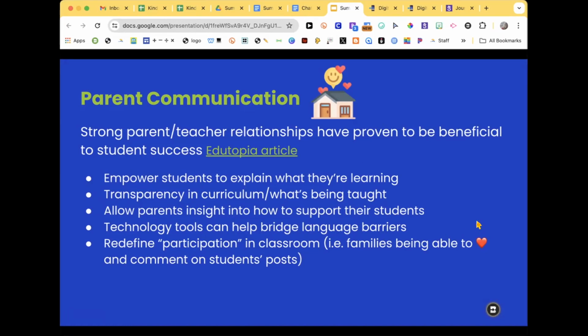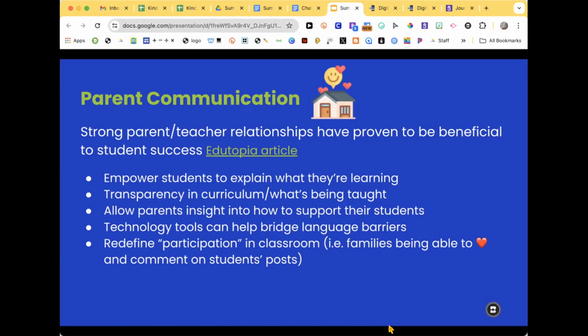Maybe not something that here in Montana we've had a huge influx of, but we have ELL students here in Billings. And so these language barriers with students and with families, digital tools, I think, are a perfect way to bridge those barriers.